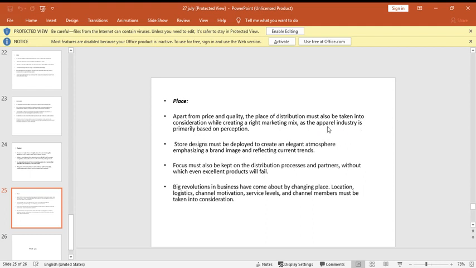As apparel industries are primarily based on perception, store designs must be deployed to create an elegant atmosphere, emphasizing a brand image and reflecting current trends. Focus must also be kept on the distribution process and partners, without which even excellent products will fail.